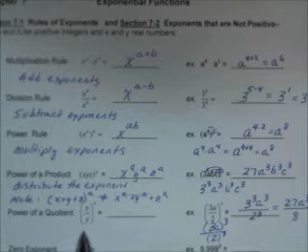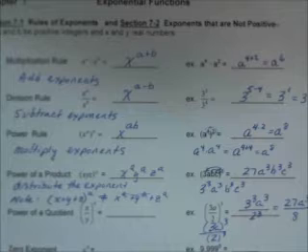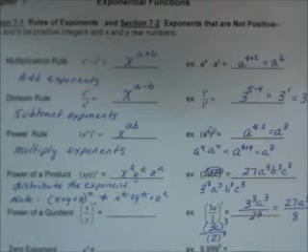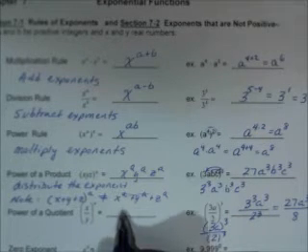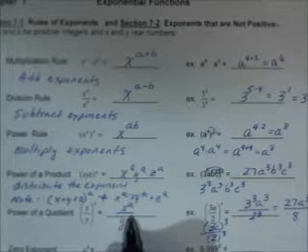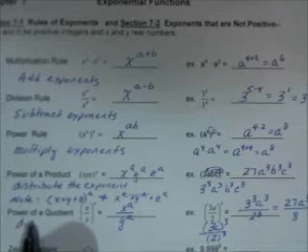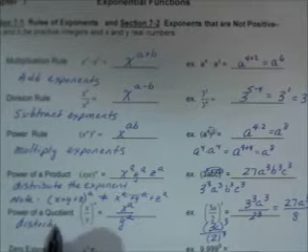So in general, the quotient x divided by y raised to a power of a becomes x to the a over y to the a. Again, you're going to distribute in both numerator and denominator in this case.